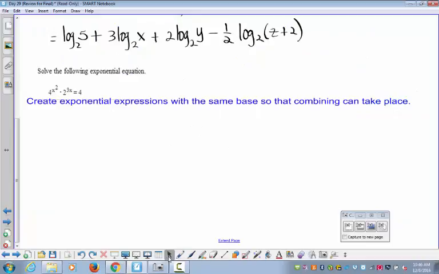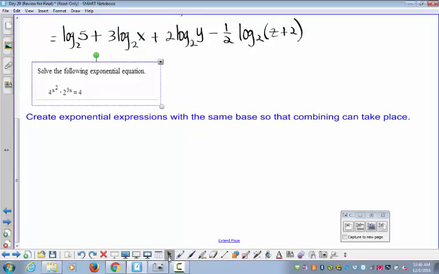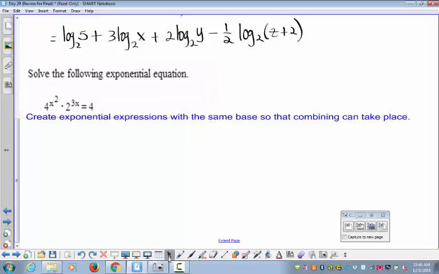All right, let's take a look at some equations because those are super important. So here, this may look kind of complicated, but this is actually one of the easier exponential equations. Because you can equate the exponents here, you can create bases that are the same.